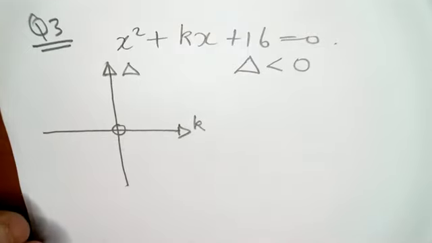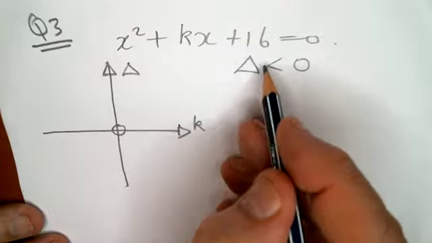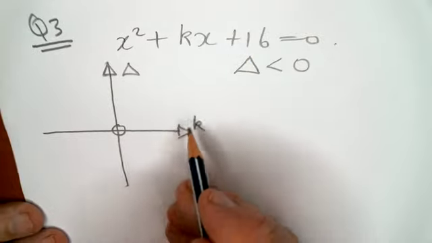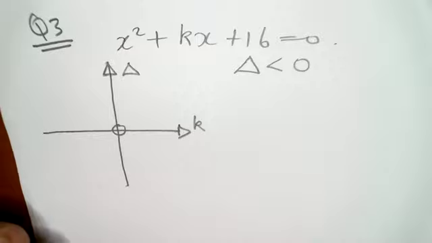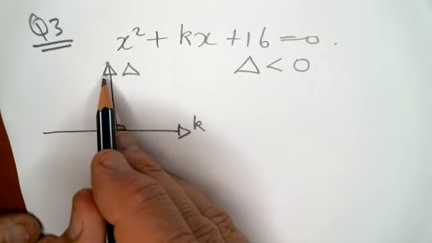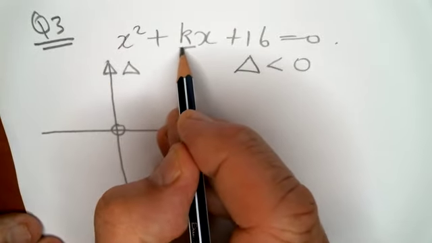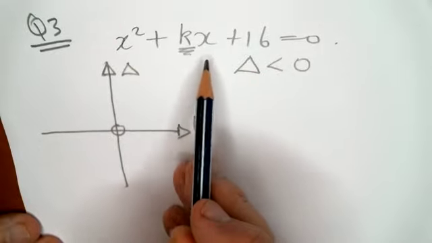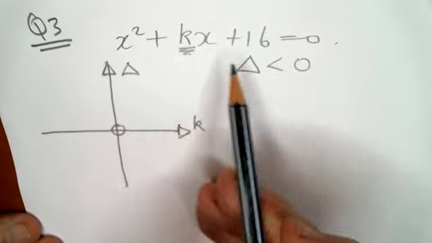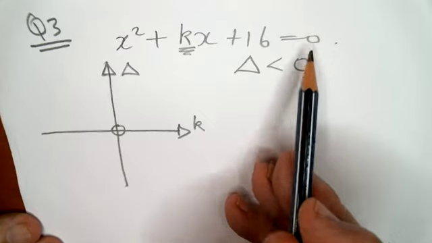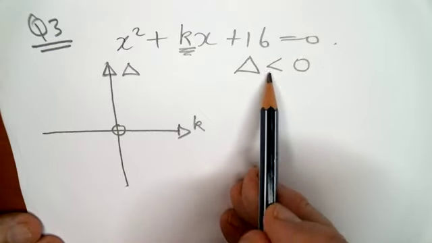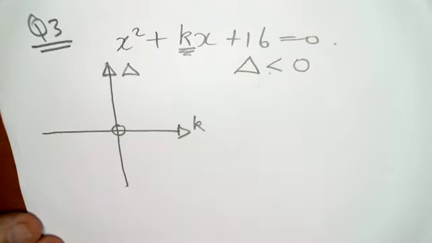So let's see how this actually plays out with respect to this idea of a discriminant versus a k value. Because really, remember, this is not x and y. This is just all about that thing there. And we want to know the range of values for which this would be true if there were no real roots. That's what we're doing.